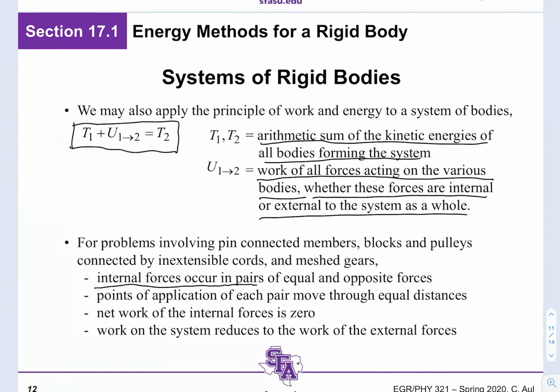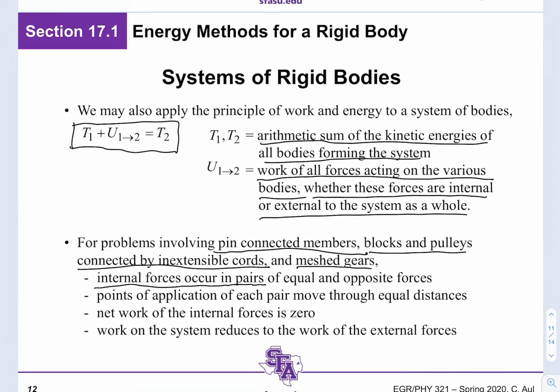So now you're looking at multiple bodies connected to each other. The total system still has internal forces, and we said before for rigid bodies that those will cancel out. But if we separate each of these bodies out, the internal forces occur in pairs that are equal and opposite.